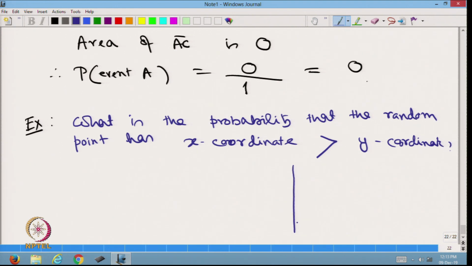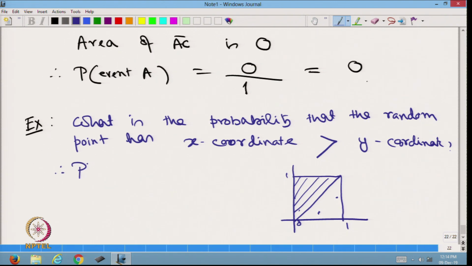So, again if we look at the square, we can see that if this is the diagonal, then for each point in this triangle, the x value is greater than the y value. On the other hand, if we consider this triangle, for each point inside, the x value is smaller than the y value.